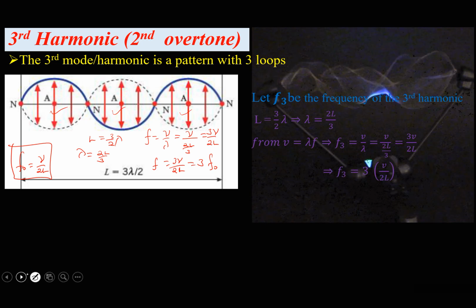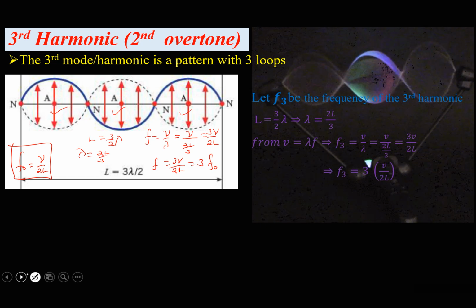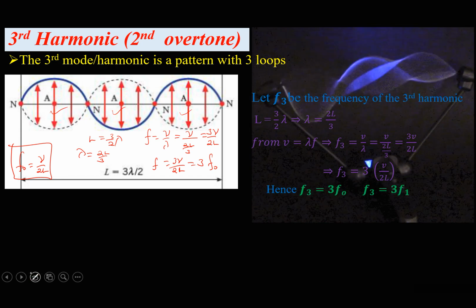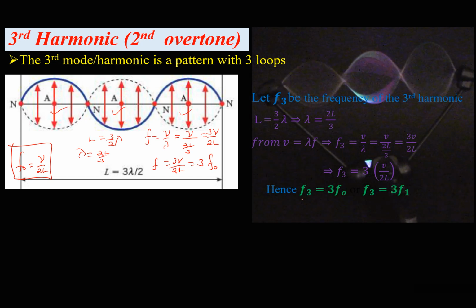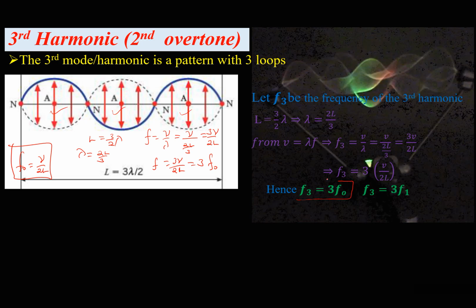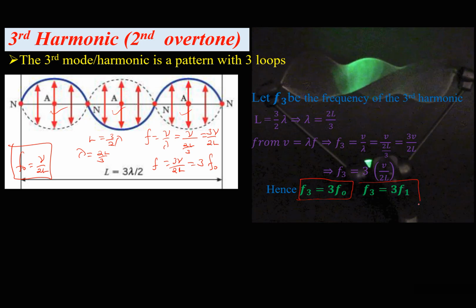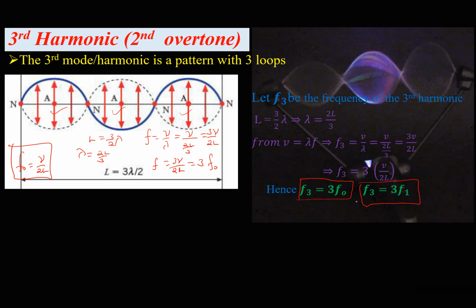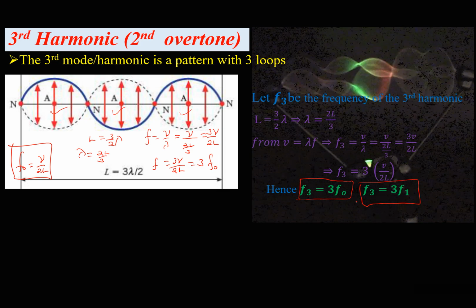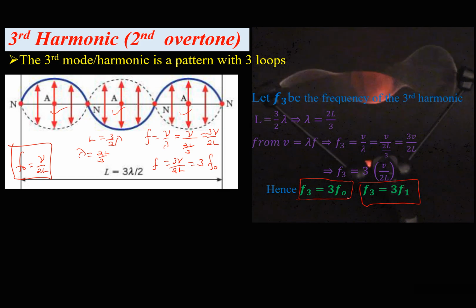So this implies that F3 is 3 times V over 2L. And V over 2L, remember, was F0. So it means F3 is going to be equal to either 3 times F0, or 3 times F1, where F1 was the frequency of the first harmonic, which is the same as the fundamental frequency. So what is the pattern here?